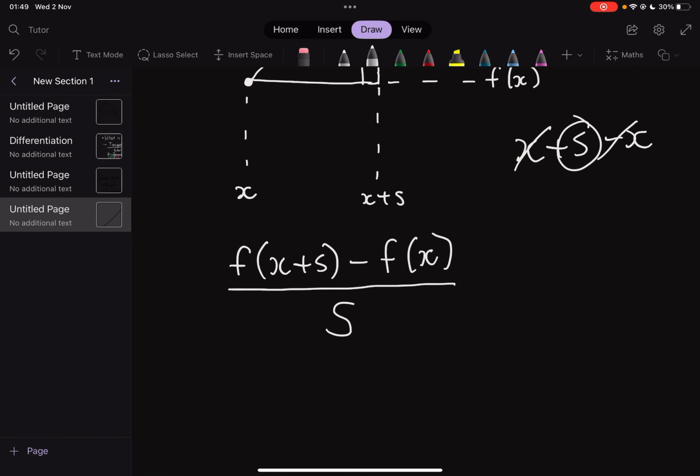But the idea is that we want this to become like x plus 0.1 divided by 0.1, and then for an even closer one, 0.01, and then 0.01, etc., etc. Now, as we get closer to 0, we'll never actually reach 0, because if we did, then this would be dividing by 0, which is an error.